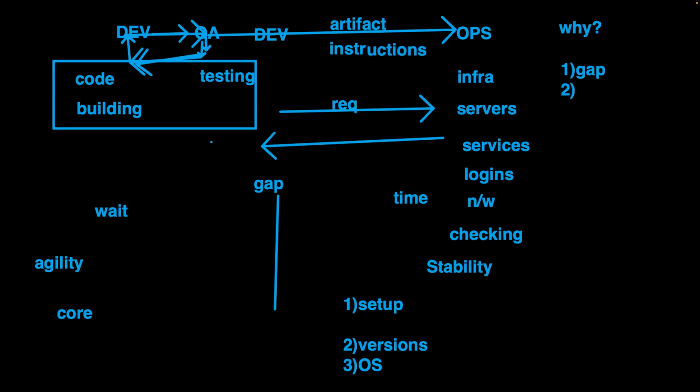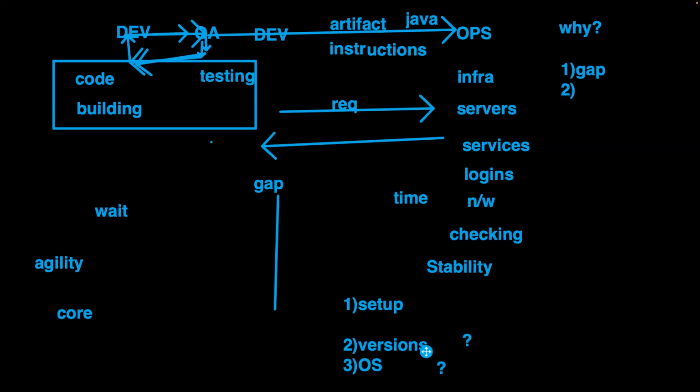This instruction document is nothing but a document which will have all the configurations. Like let's suppose they were handing over a Java application: which version of Java needs to be installed on all the servers, which kind of operating system they would need. All of these instructions they'll provide.